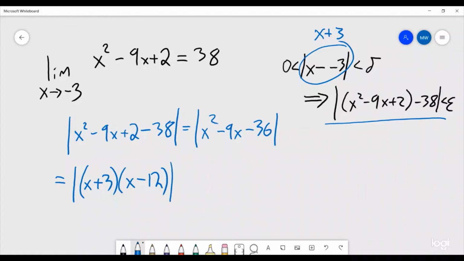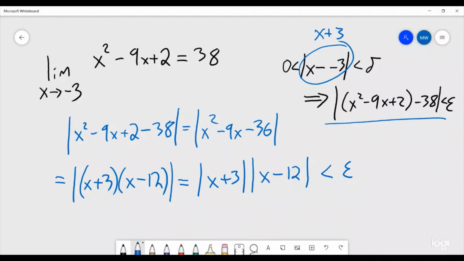If we expand that out, we'd get x squared minus 12x plus 3x, so that is minus 9x, and minus 36. So yes, that is how x squared minus 9x minus 36 factors. So this is equal to the absolute value of x plus 3 times the absolute value of x minus 12, and we want this to be less than epsilon.